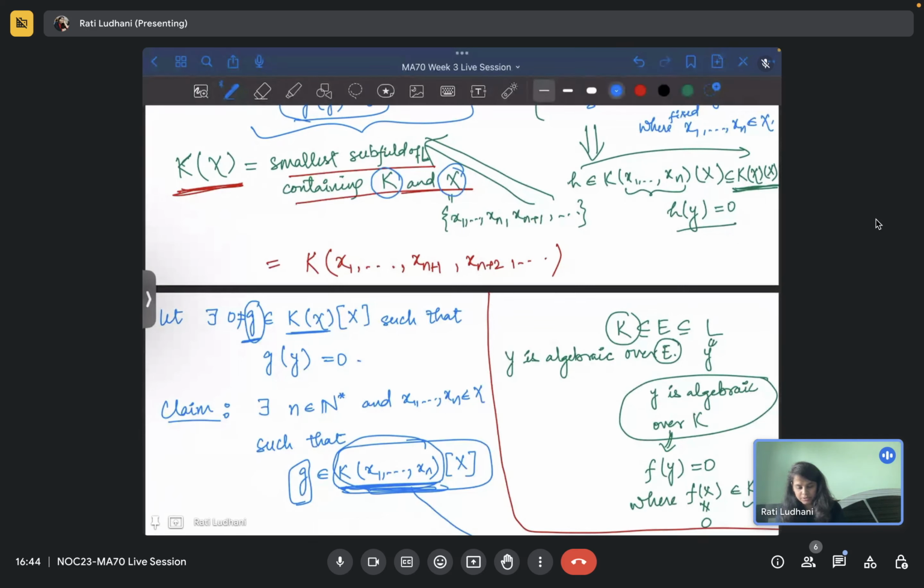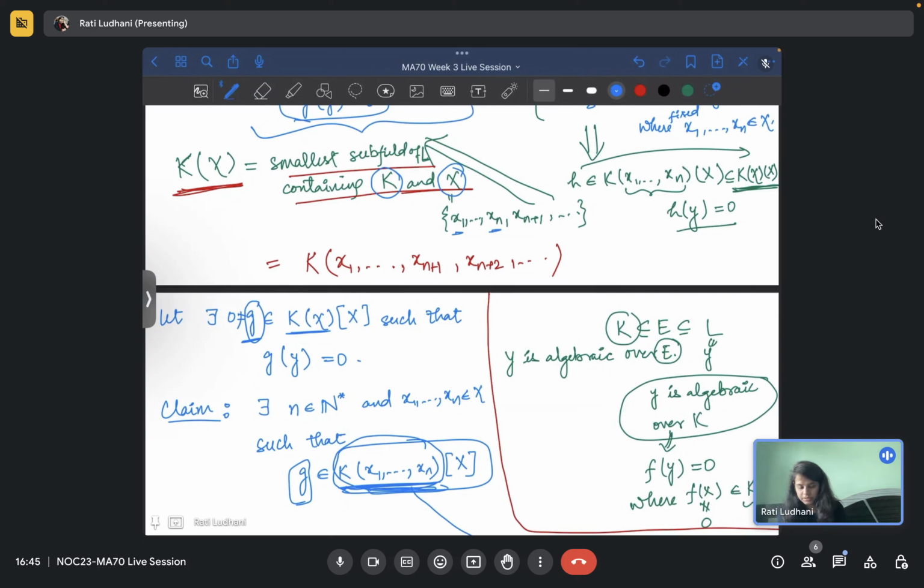So a typical element could be of the form f(x1 to xn). Any polynomial, and even squares, cubes, everything is allowed.